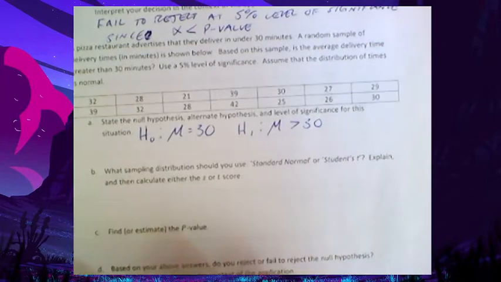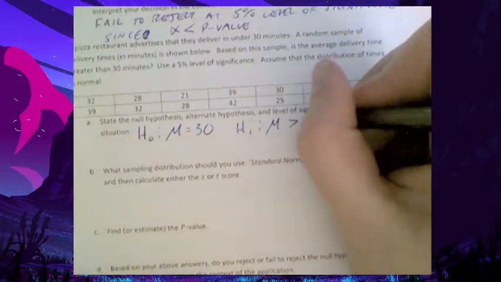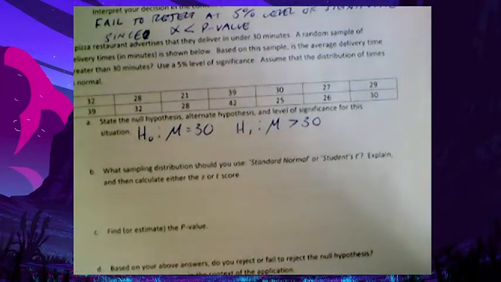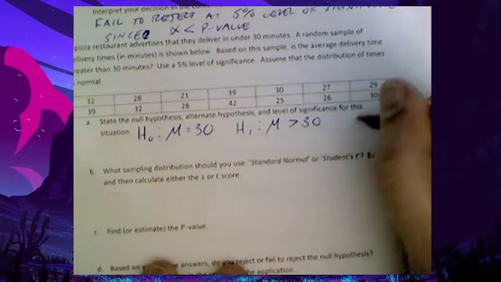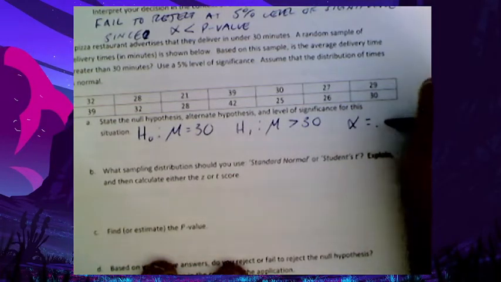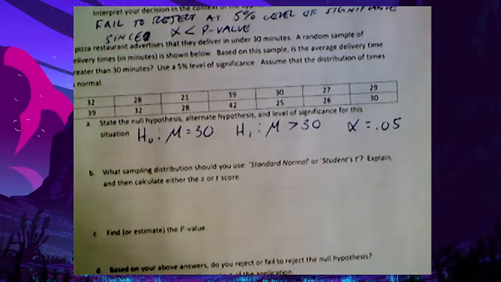So that would be the case that they are not doing what they say, right? So if I were to say, hey, it's less than 30, that would be me saying, hey, it has to be under it. So here I'm saying that they're not doing what they advertise. So hence it being greater than there. So then my alpha is going to be 0.05 because we're told we want a 5% level of significance there.